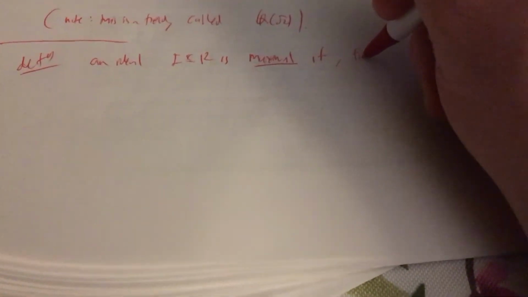So if for any J, so anytime you could squeeze J in between I and R, and here J a two-sided ideal, so anytime you have that, that implies either J is I or J is R. Okay, so it's the biggest possible ideal.